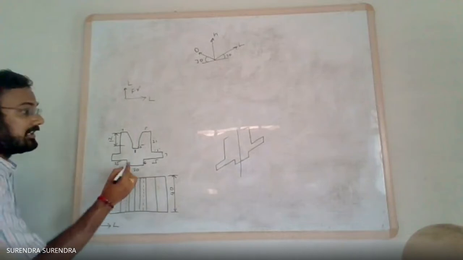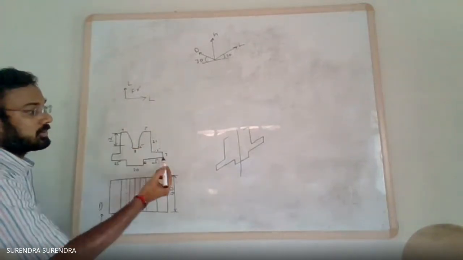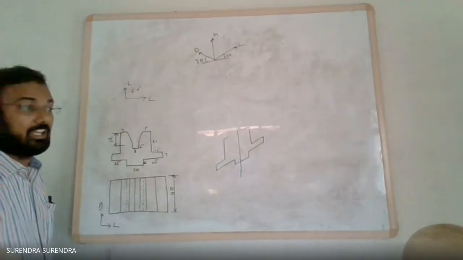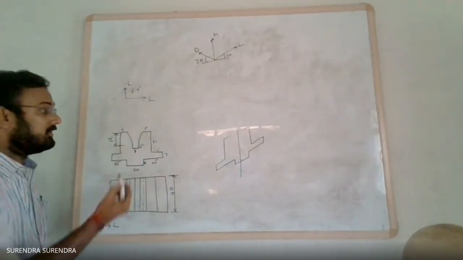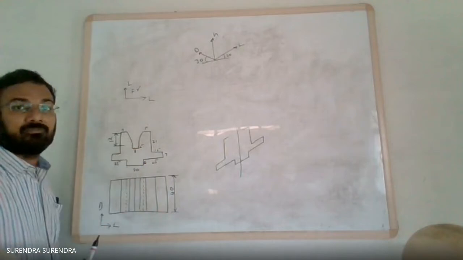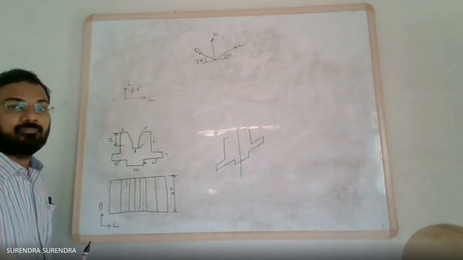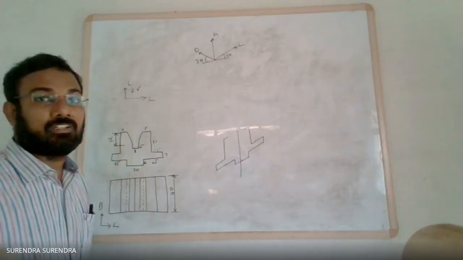On this vertical line, look at the total height: 7 plus 21 is 28. Total height 28. 28 minus 12 is 16 mm.